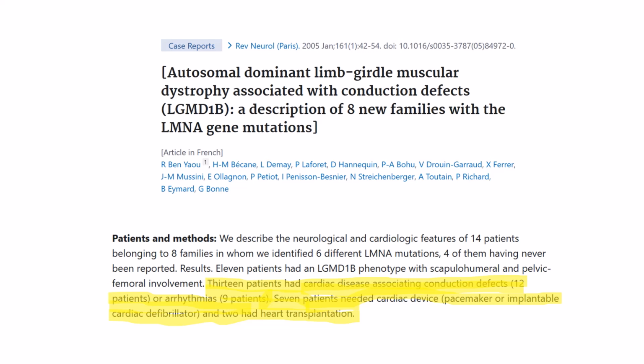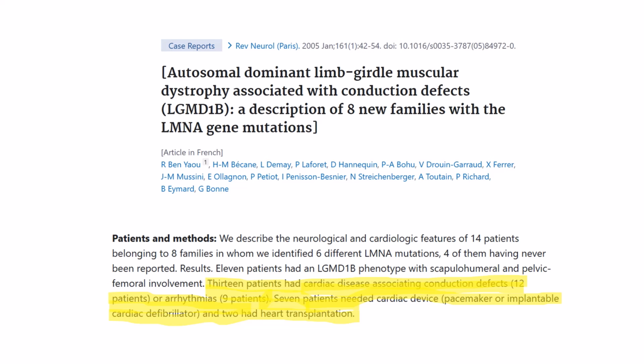And then I want to talk a little bit about the conduction defects. This is in the gene lamin A/C, abbreviated LMNA, which is LGMD 1B, or it's alternately referred to as a type of autosomal dominant Emery-Dreifuss muscular dystrophy.